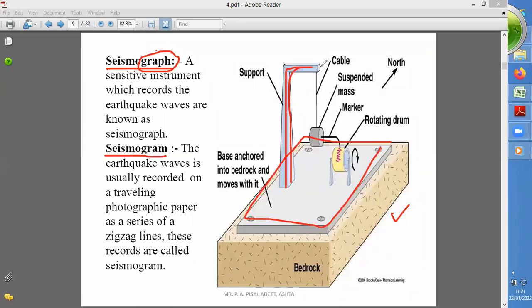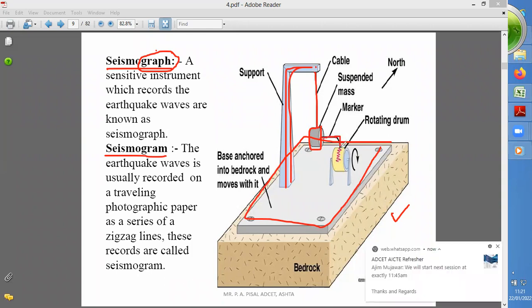To this metal rod, in suspended position with a cable or strong thread, one drum is provided. To that drum, one needle or marker pen is provided.